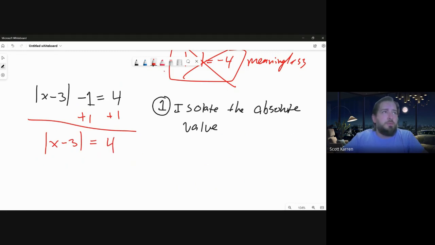Then I can use that principle: the absolute value of something equaling A means whatever's inside the absolute value is positive A or it's negative A. So in this case, x minus 3 is either equal to 4 or x minus 3 is equal to negative 4.